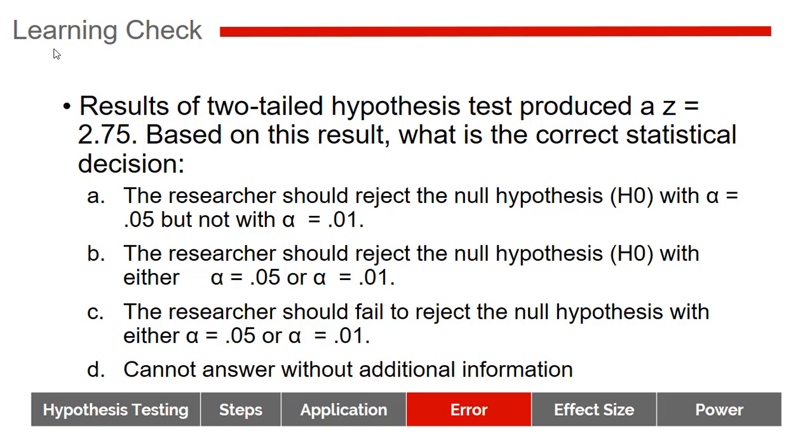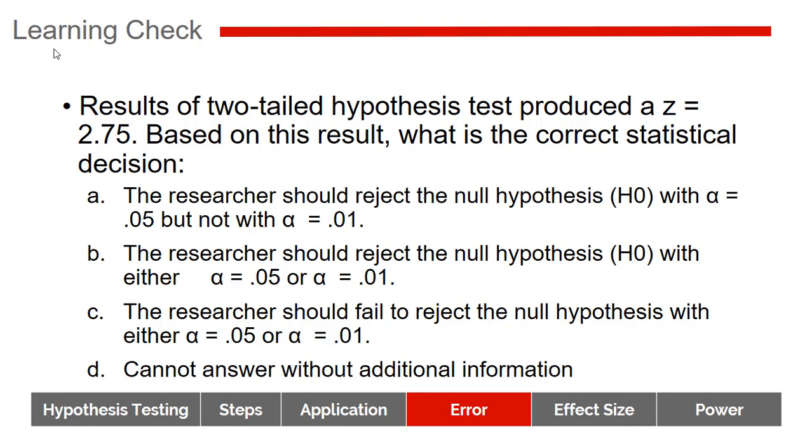So you could use your unit normal table to figure out the z-scores at 0.05 and 0.01, but we already know that. At 0.05, it's plus or minus 1.96, and at 0.01, it's plus or minus 2.58. So we still would be rejecting the null hypothesis at 2.58, so A is not the correct answer.